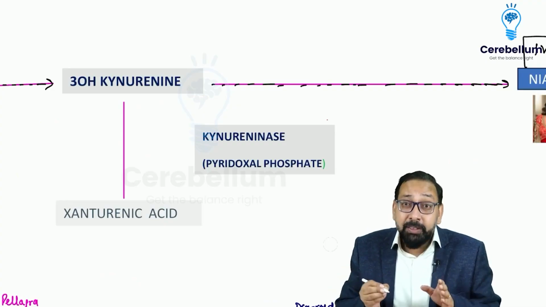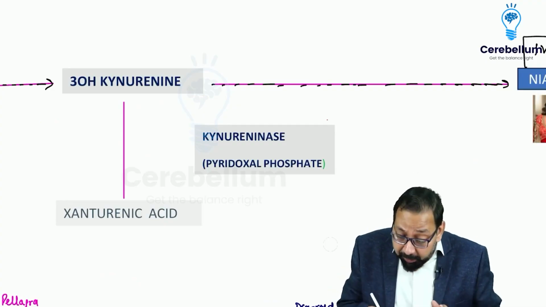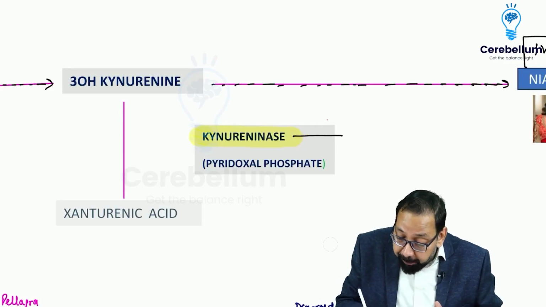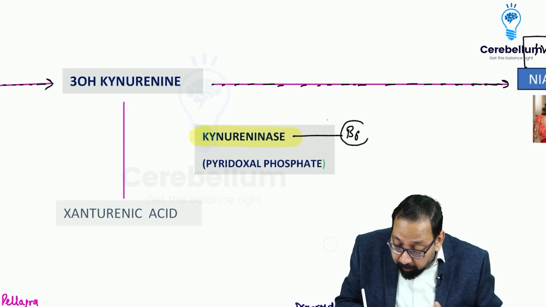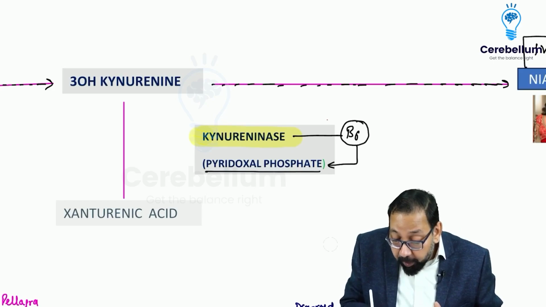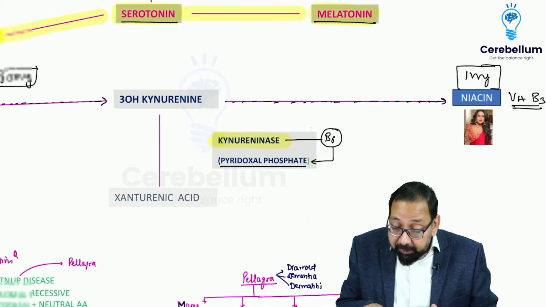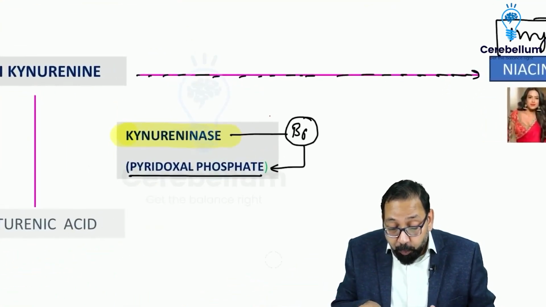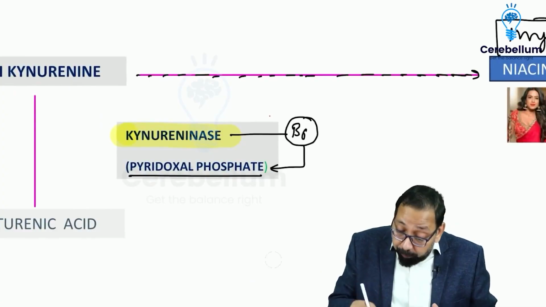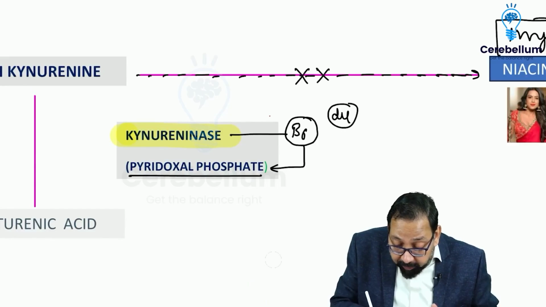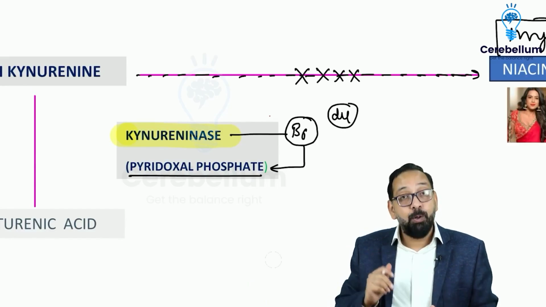gives rise to 1 milligram of niacin by multiple steps. In these steps, one step is catalyzed by kynureninase. And this kynureninase requires B6 as cofactor. Active form of vitamin B6 is pyridoxal phosphate. So niacin is synthesized from tryptophan, and this niacin synthesis requires B6. If B6 is deficient, this step would not occur, niacin will not be synthesized.